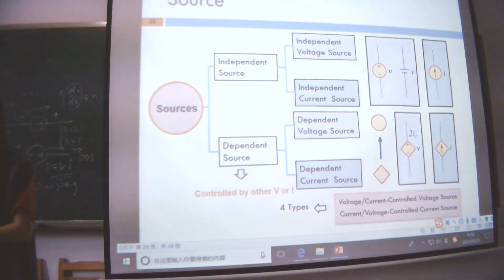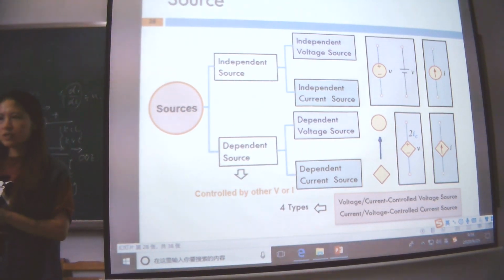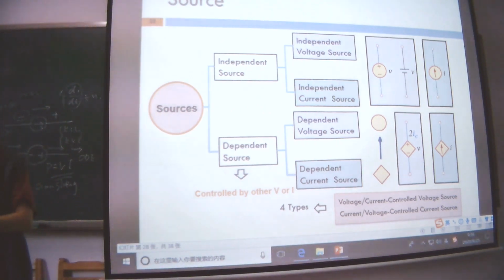So, I just want to know what a dependent source is in a power line. Have you ever seen it? Everywhere. In a power line, what happens at the appliance in the control? It's a dependent source. Actually, inside everything we might have a dependent source, because sometimes an amplifier is a dependent source.